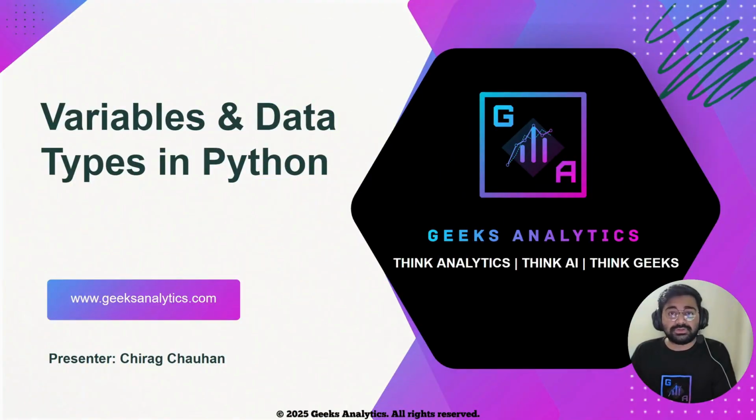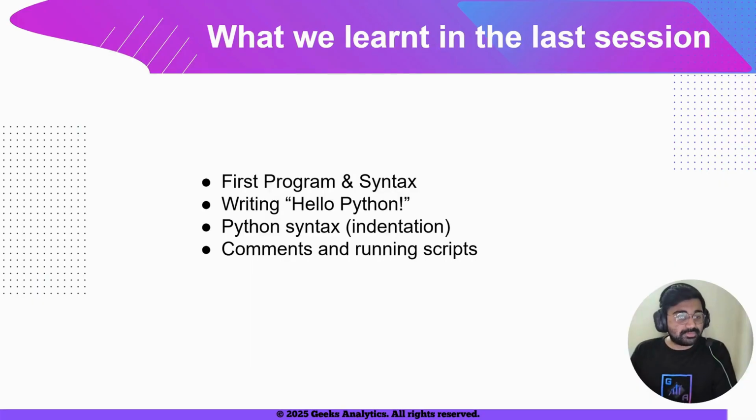Today's session is focused on variables and data types in Python. What we learned in the last session was writing our very first Python program and understanding its syntax. We then saw the indentations and comments, and why they are important in Python.